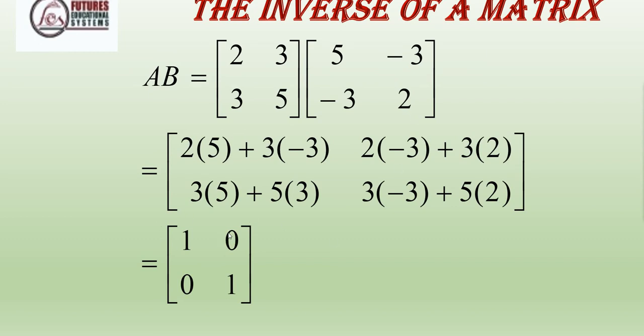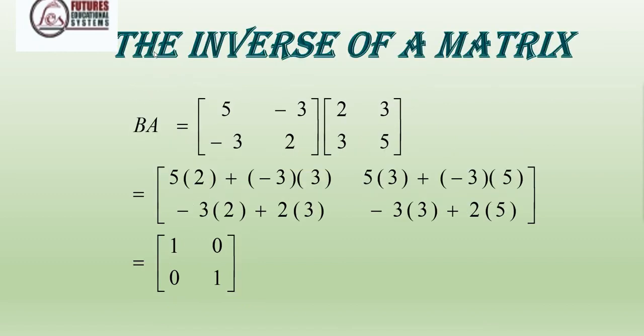We get the identity matrix. If we exchange the positions of A and B, meaning multiply B by A, the inverse matrix gives the same identity matrix.